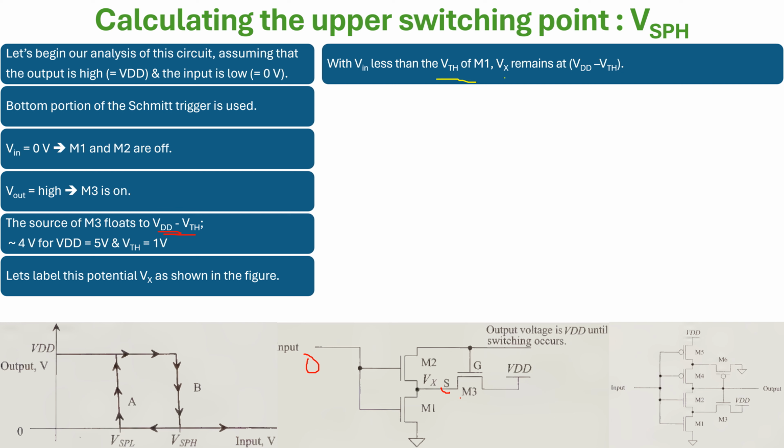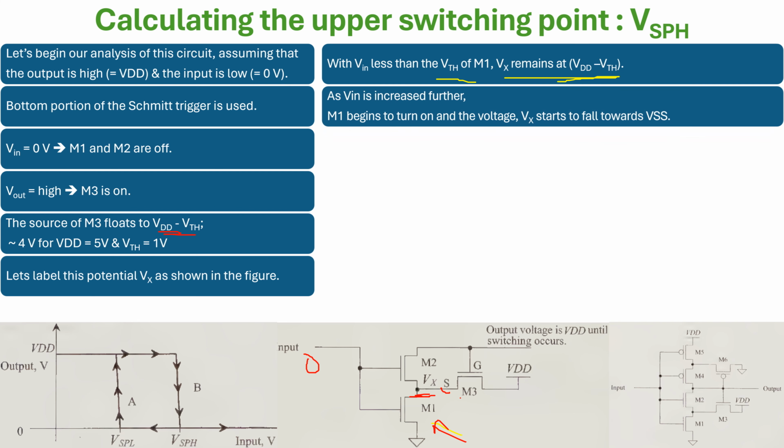Vx remains at VDD minus VTH as long as M1 does not switch, because M3 is off, M1 is off, and Vx is floating at VDD minus VTH since there is no discharge path or pull up or pull down path. Now let's try to increase this Vin. For example, we're moving this way.